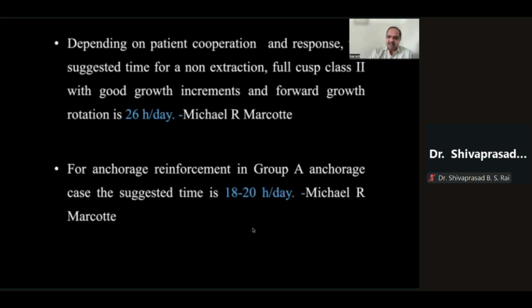For anchorage reinforcement, 18 to 20 hours per day is the recommendation by Marcotte. So you need not be confused. There are a lot of authors who do suggest headgear wear for just 12 to 14 hours. And at the same time, there are a lot of authors who suggest 24 hours of wear of the headgear.